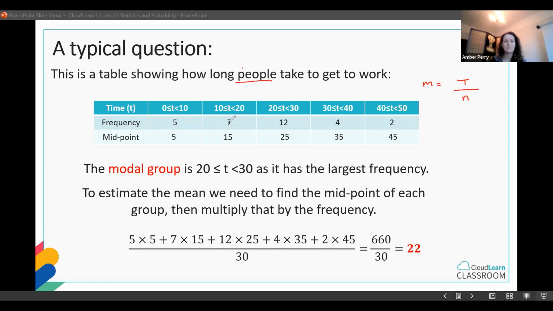So this is the number of people, the frequency. 5 plus 7 plus 12 plus 4 plus 2, I hope, equals 30. 4 and 2 is 6, 12 and 6 is 18. Yes, 5 plus 7 plus 12 plus 4 plus 2 is 30.